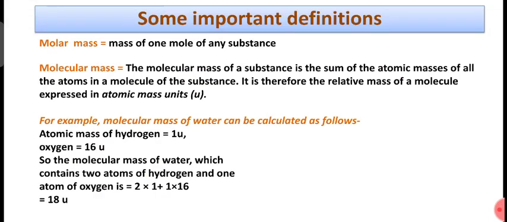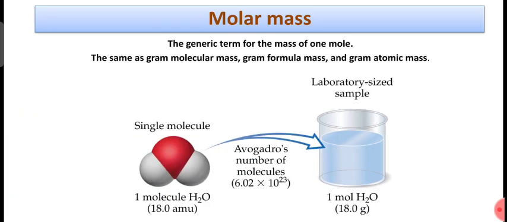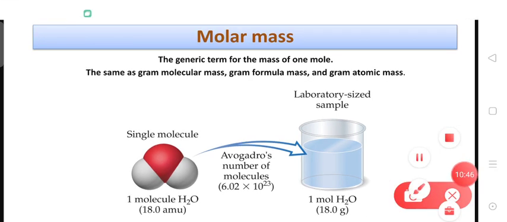Now dear students, let's learn a little bit more about molar mass. I told you that molar mass is the mass of 1 mole of any substance. Suppose this is a beaker, and in this beaker you have taken 1 mole of water.